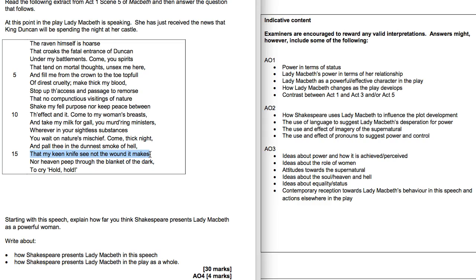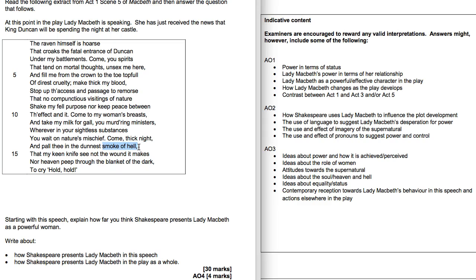And of course, I can then link that to her sleepwalking scene where she's plagued by guilt. Many quotations in that. "Out, damned spot." I can focus on the word "damned" and show how she now knows that she's definitely going to go to hell, and that now matters to her, whereas before she was welcoming the smokes of hell because she hadn't really thought about the real consequences of her actions.